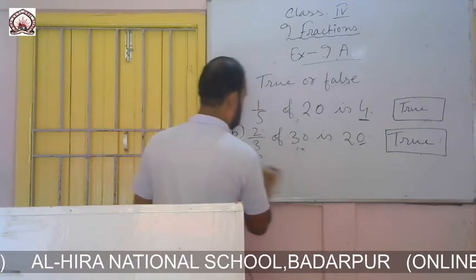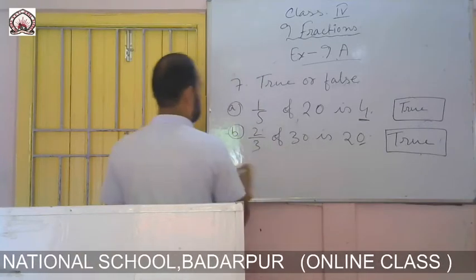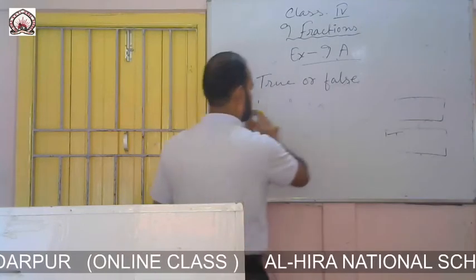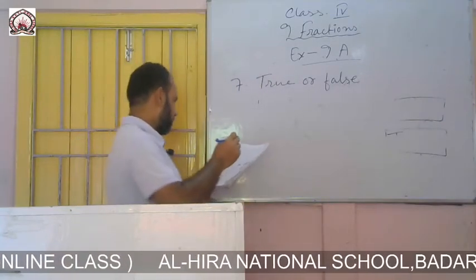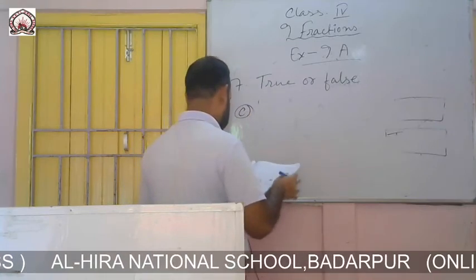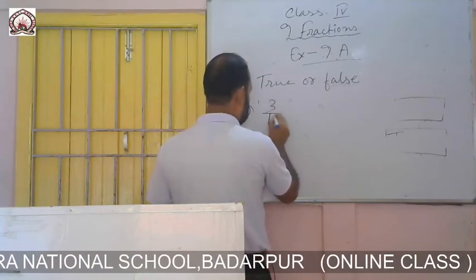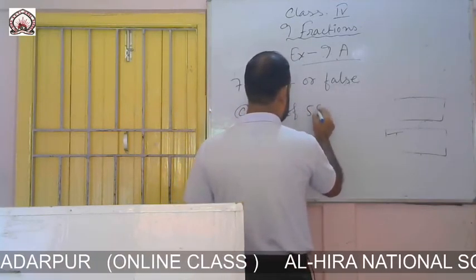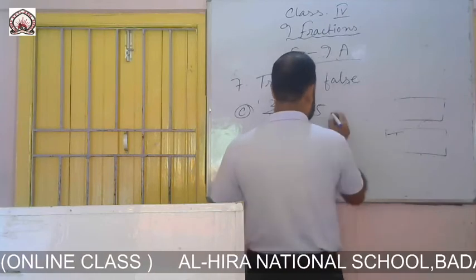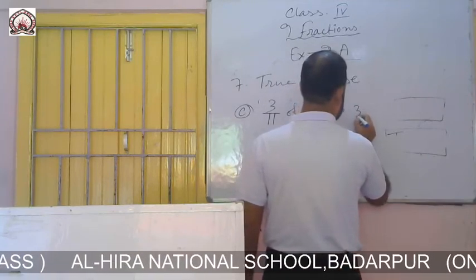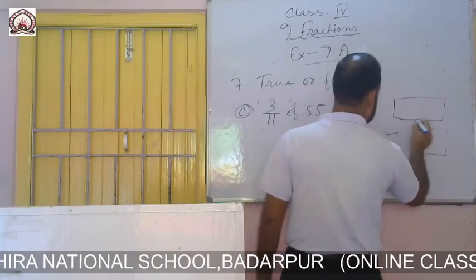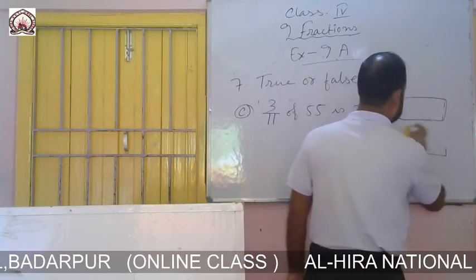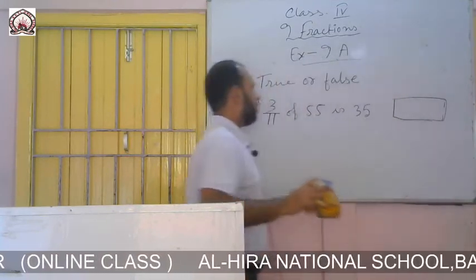Now question number 7C. 3 by 11 of 55 is 35. We take out whether this statement is true or false.